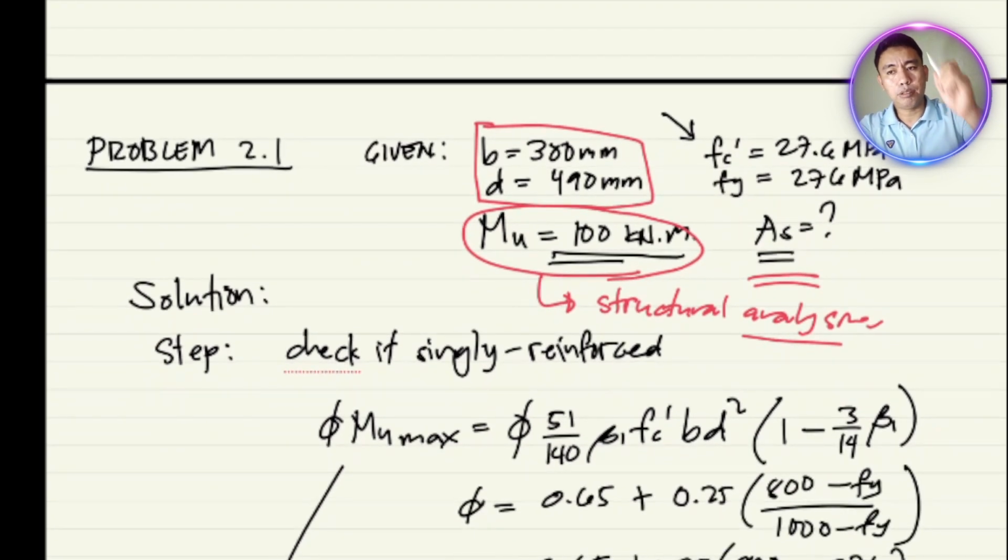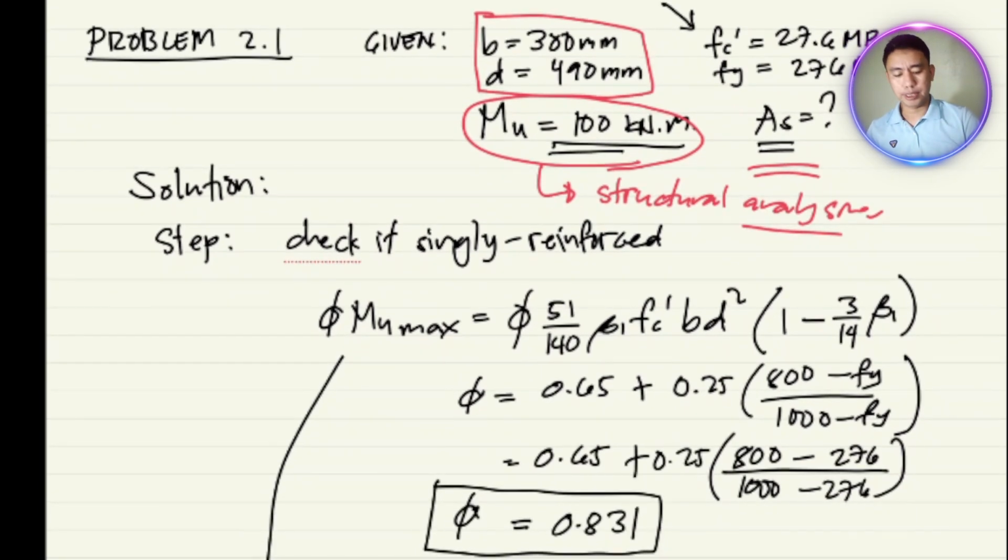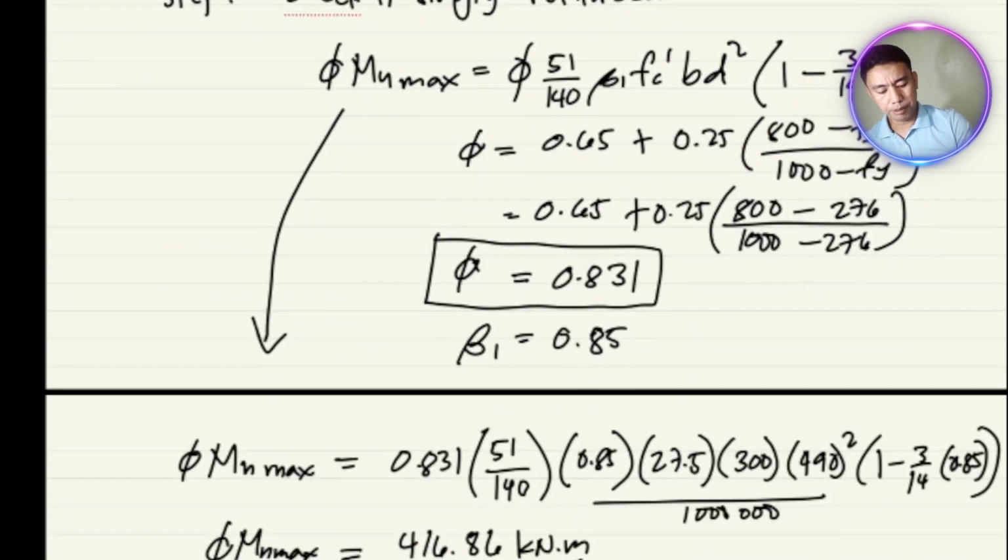So, wala tayong magawa kundi to follow and then yung section ng beam ng concrete, and then we'll just adjust the number of reinforcement. Okay, so I'll move to another example.